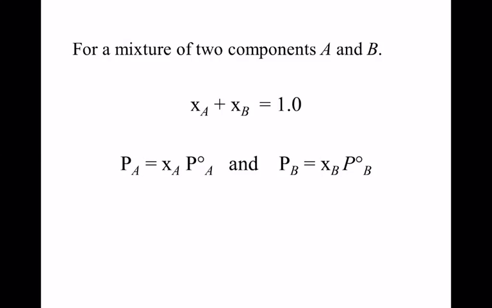The equilibrium vapor pressure of component A will be equal to its mole fraction times what it was in its pure state. The equilibrium vapor pressure of component B will be equal to its mole fraction times what it was in its pure state. So in that headspace, the total pressure is going to be the sum of those two partial pressures.